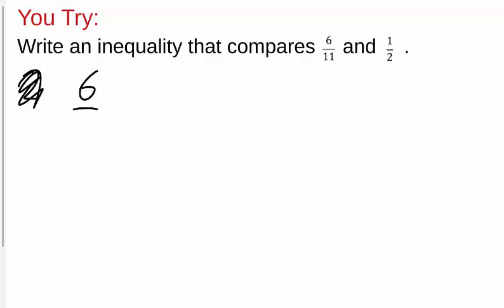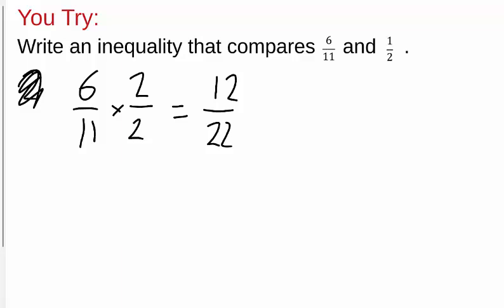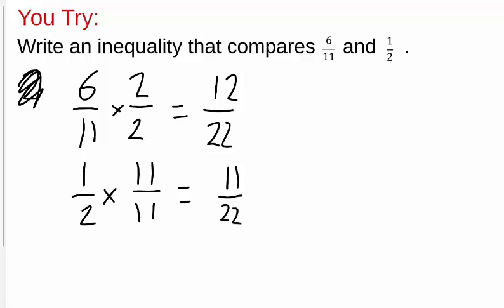Well, 6 over 11 times 2 over 2, a special 1, is equal to 12 over 22. And if we do the opposite thing, 11 over 11, another special 1, we get 1/2 times 11 over 11 is equal to 11 over 22.